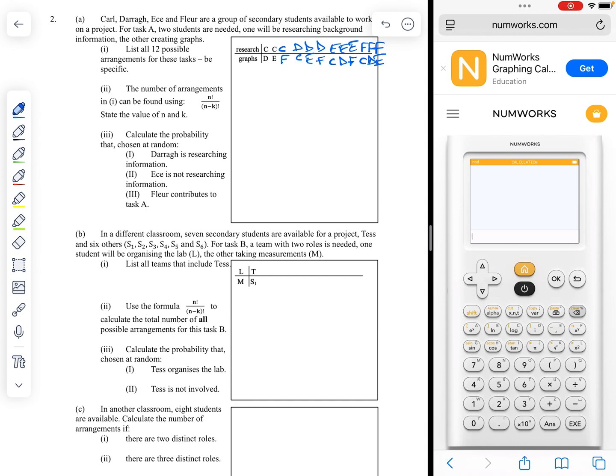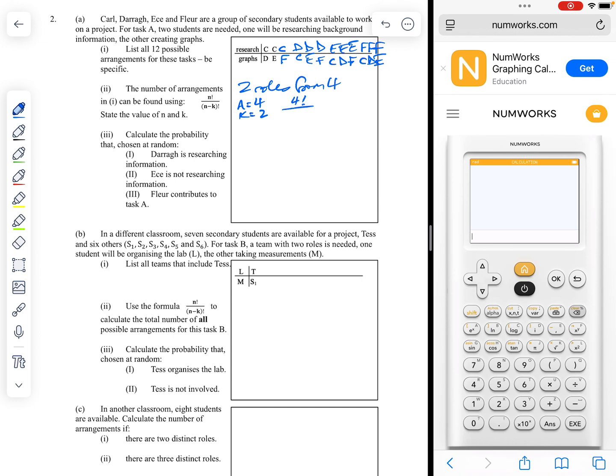Part 2. The number of arrangements can be found using the permutation formula. State the value of n and k. Well, we are looking for 2 roles from 4 people. So n is 4 and k is 2. The order matters.